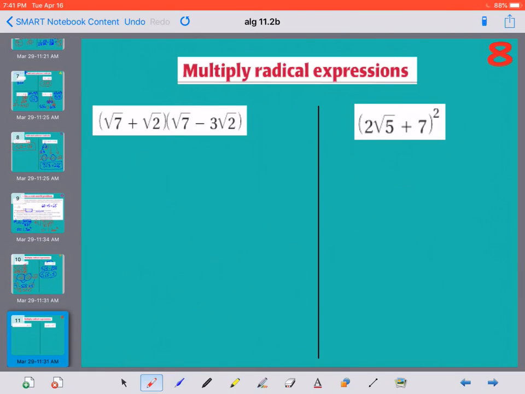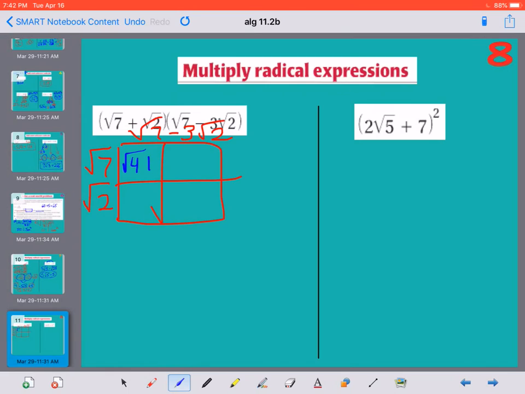Alright, last two problems. Again, I am going to draw my box for this one. I'll have the square root of 7 times the square root of 2, the square root of 7 minus 3 times the square root of 2. The square root of 7 times the square root of 7 is the square root of 49.